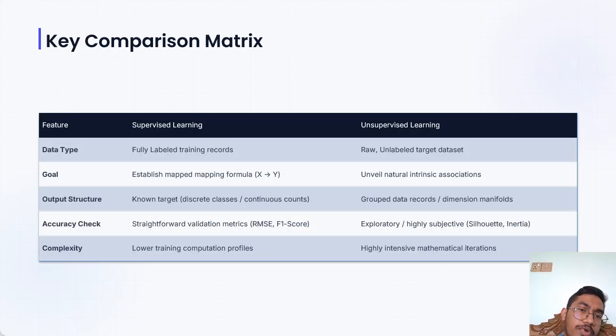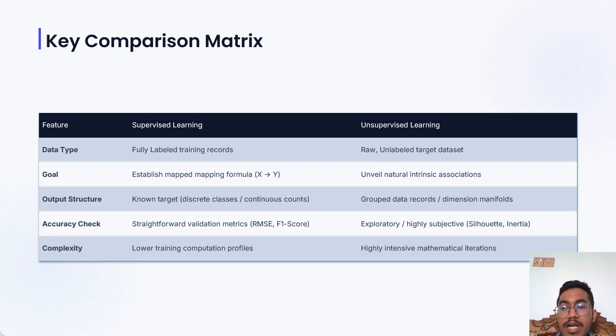Now the key comparison matrix of supervised learning and unsupervised learning. In supervised learning, there is full label training data and an established mapping of X to Y, with some independent variables and one dependent variable, so we know the target. For example, in the diamond data set, we know the price is the target.